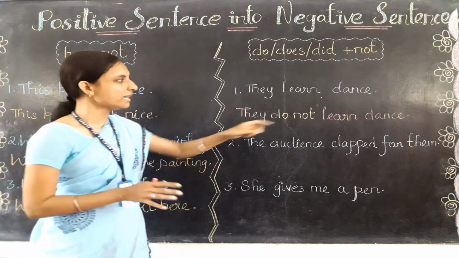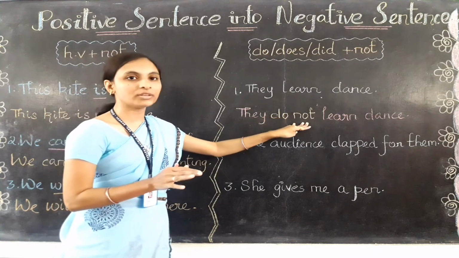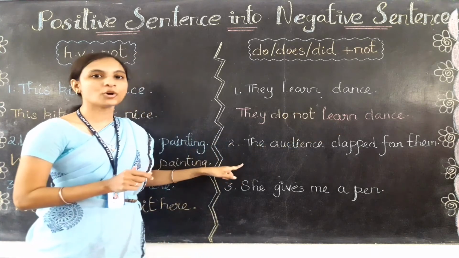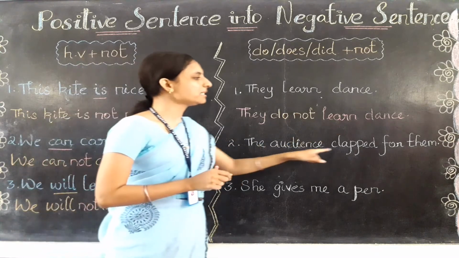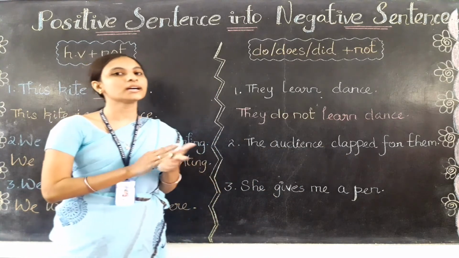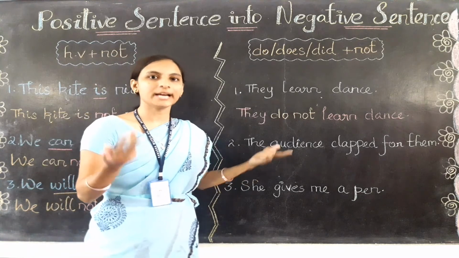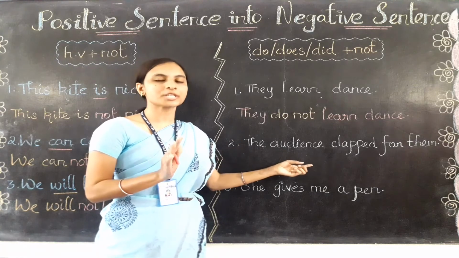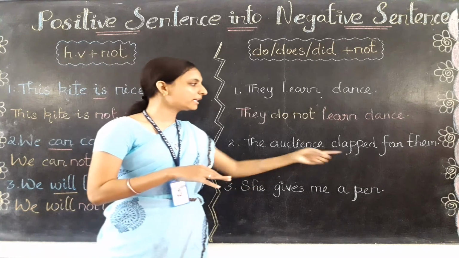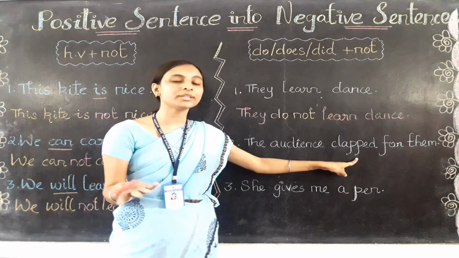Are you clear, children? In place of the helping verb, we are going to use the do family verb, then we need to add not, then we write all other words. So let's go for the second one: the audience clapped for them. அவங்களுக்காக கை தட்டினாங்க. Here we can't find any helping verb. Now we need to check whether this sentence talks about the present time or past time. Here, clap-ed, the verb comes with ed, which means it talks about the past time.